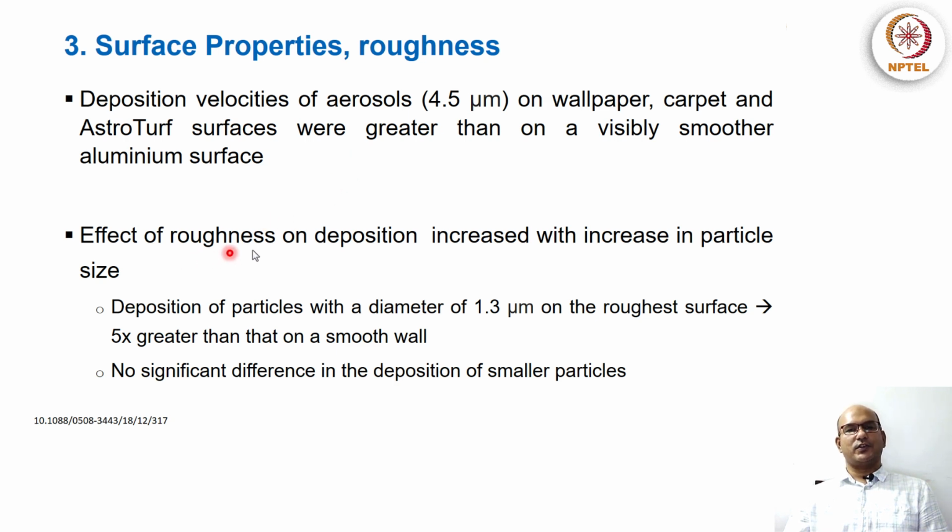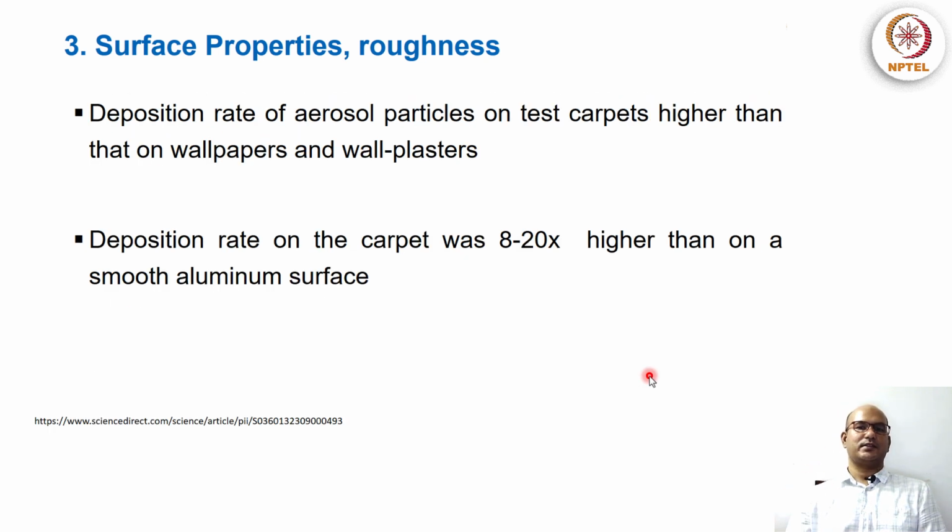Then the roughness of the surface also increases the deposition, particularly with the increase in particle size. So deposition of particles with a diameter of 1.3 micrometer on the roughest surface was 5 times greater than on a smooth surface, but no significant difference was found for the deposition of smaller particles. So the roughness also influences the deposition.